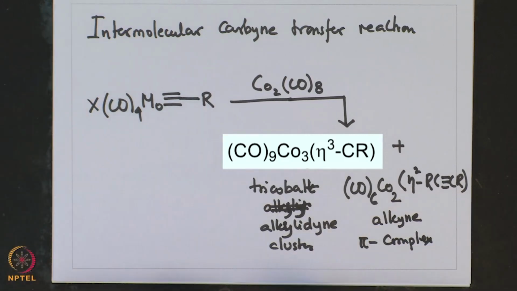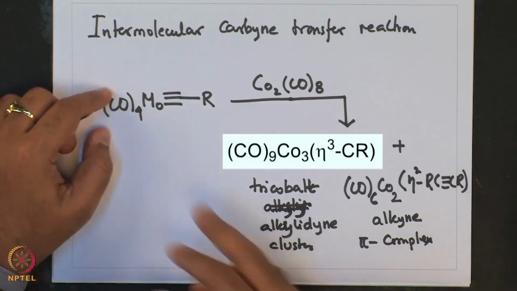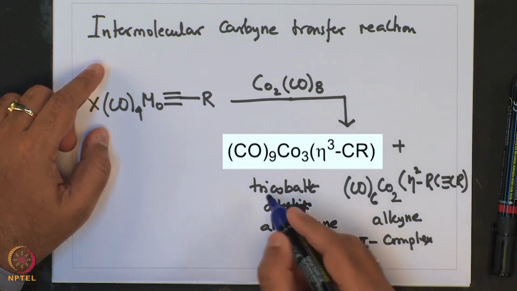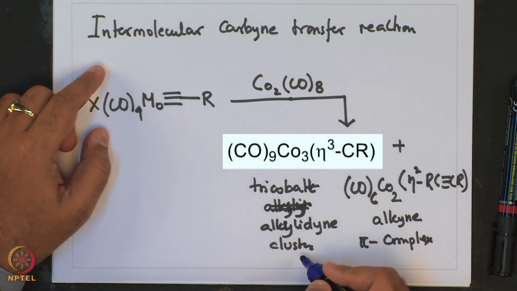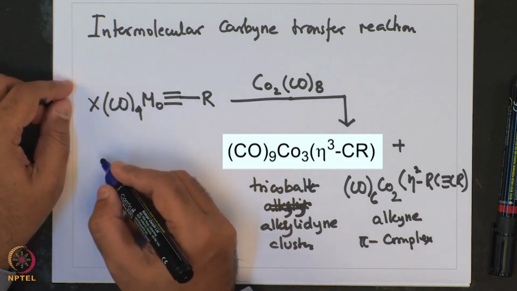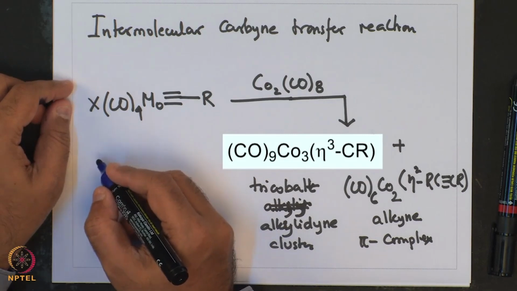So, what can be seen over here is that in this molecule there is an intermolecular carbyne transfer reaction happening, leading to formation of a tricobalt alkylidyne cluster, where the metal ligand multiple bonding character is lost.